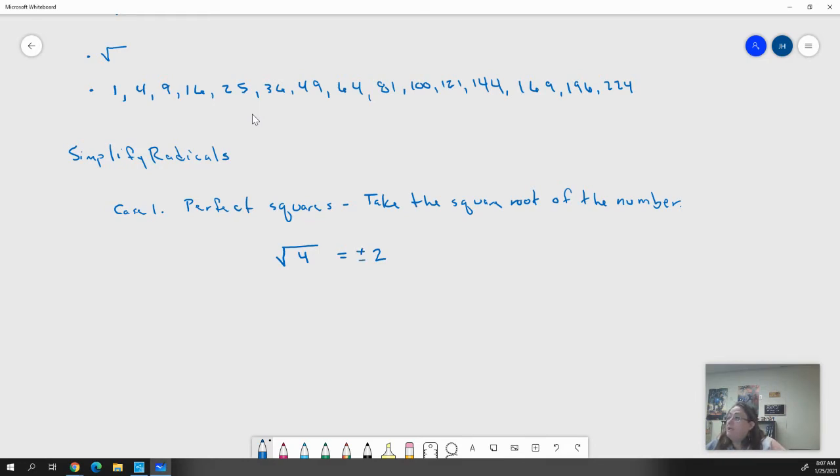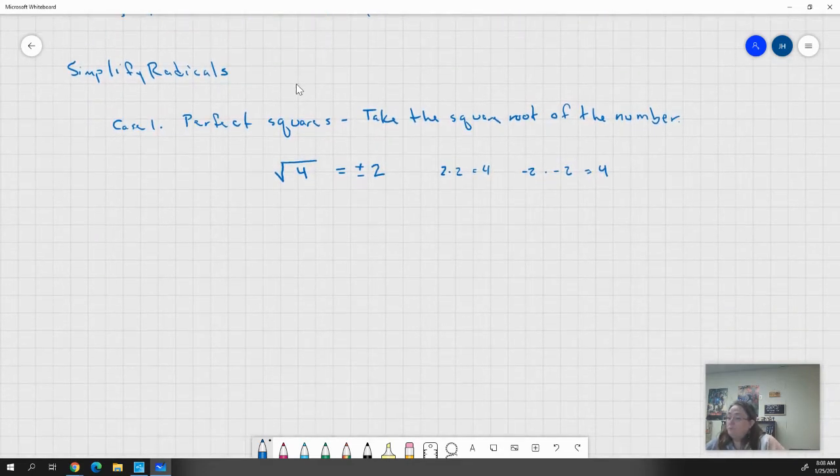It's also negative 2. Because if I break this down, you can see that, yes, 2 times 2 equals 4. But negative 2 times negative 2 also equals 4. So that positive and negative are both true statements, right? So when we take that square root, we've got to understand that we're getting two solutions.